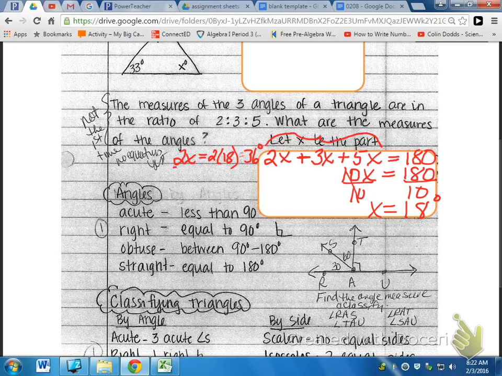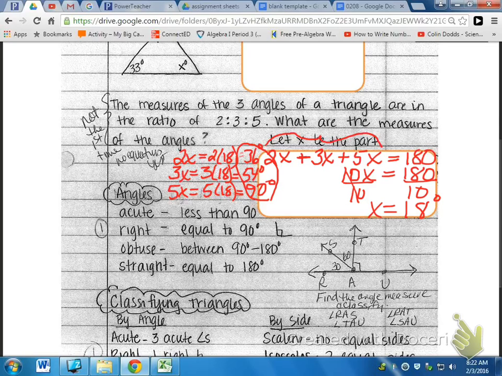The second one, that's 3x, it's 3 times 18 degrees, 54. And the last one, 5x, it's 5 times 18 degrees, 90. So you have your 3 measures, 36 degrees, 54 degrees, and 90 degrees.